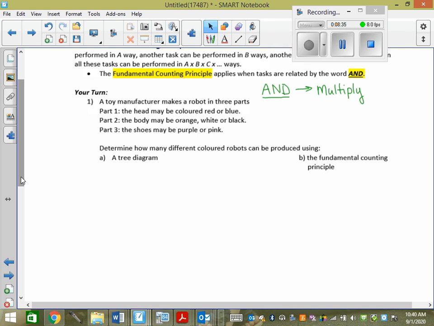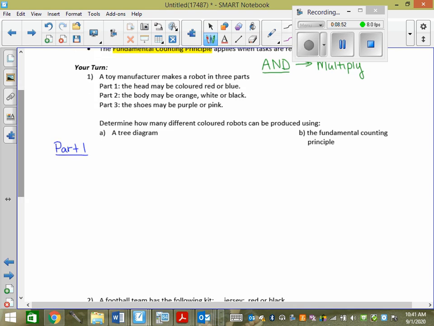So we have to set it up more like, instead of a tree diagram, it's more like a shrub. We work sideways instead of up and down. So we would have part 1 labeled, just like that other one where we had model labeled, right? And then we're going to write the 2 part colors below. Red and blue.